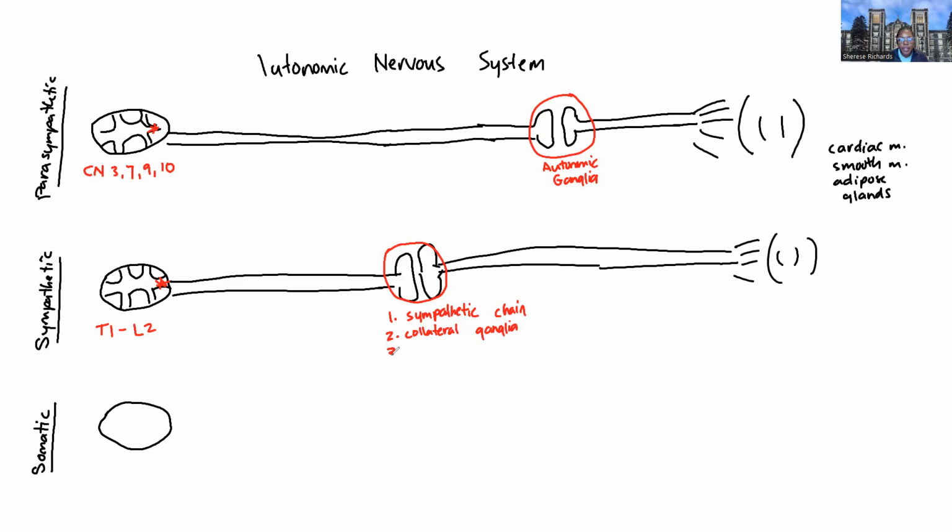Or the third option is involving the adrenal medulla. So this preganglionic neuron could synapse onto the chromaffin cells of the adrenal medulla and result in hormone release from those cells. So the adrenal medulla is a third route of synapsing here.